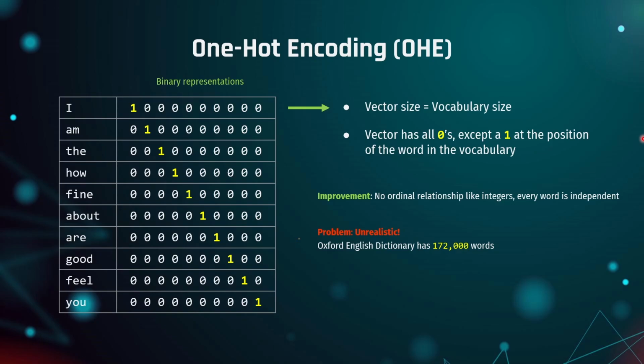And also think about this, আমাদের Google's word2vec, it's trained on a vocabulary of 3 million unique words, right?